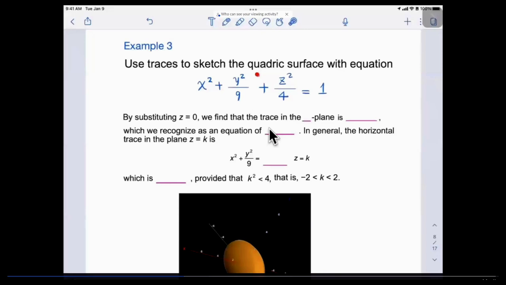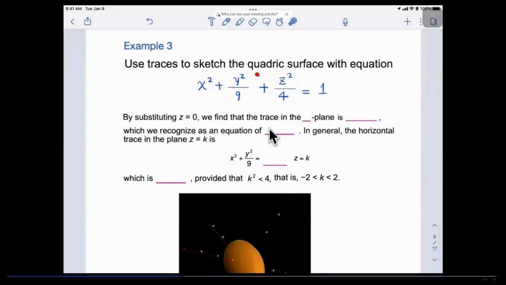Actually, I drew it using the computer. You take z equal to zero. What is the plane? It's the xy plane. So you take the xy plane and slice it, and we want to see the intersection curve.